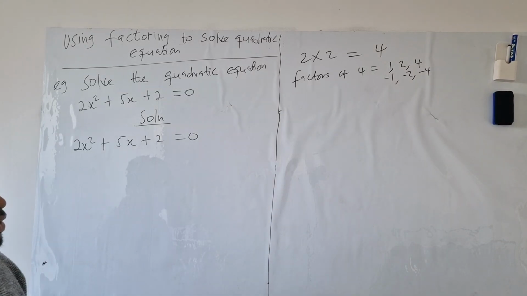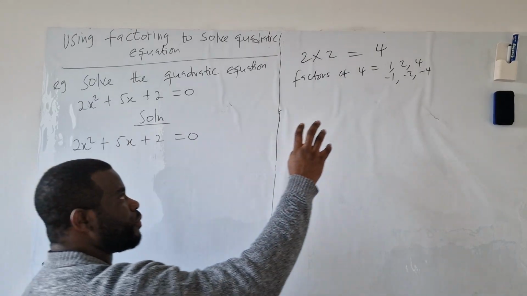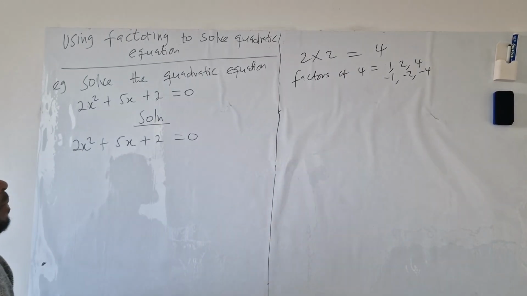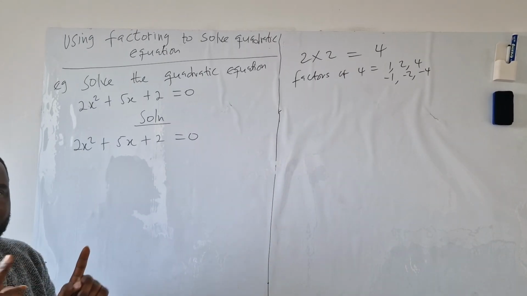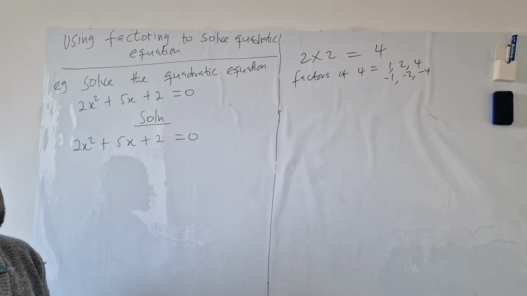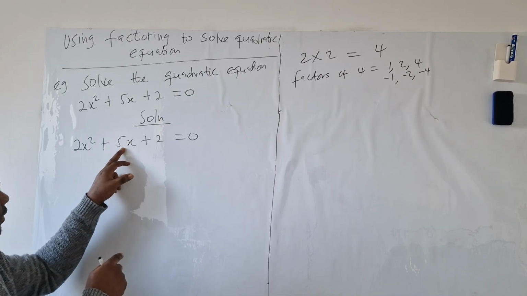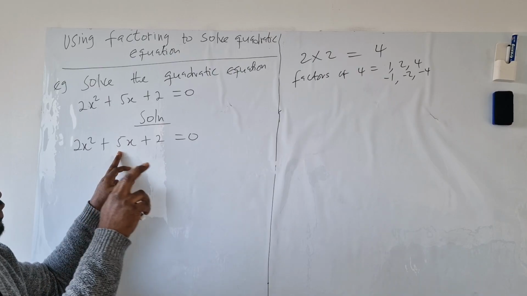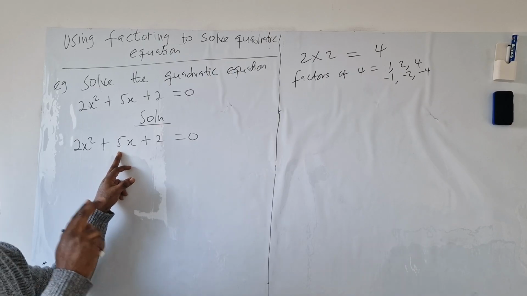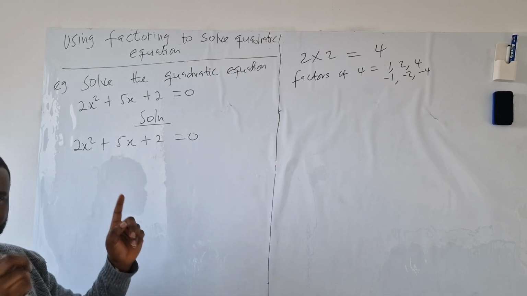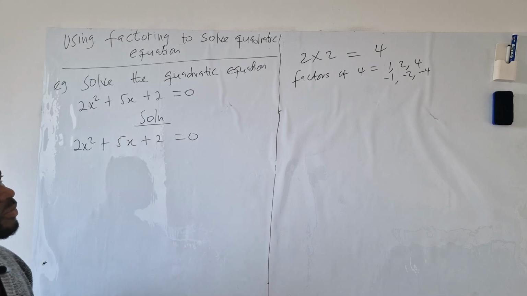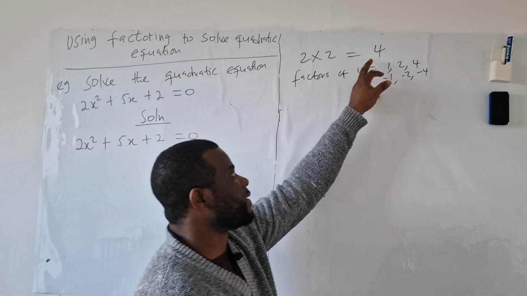And what are the conditions? When you add the 2 factors, it should give you the coefficient of x, which is 5. And the same 2 factors, when you multiply them, it should give you this product, that is 4.